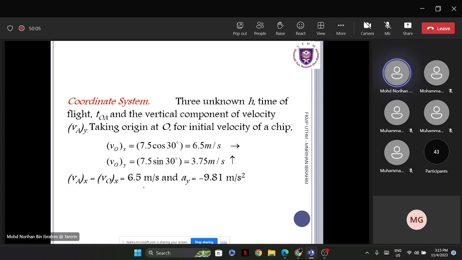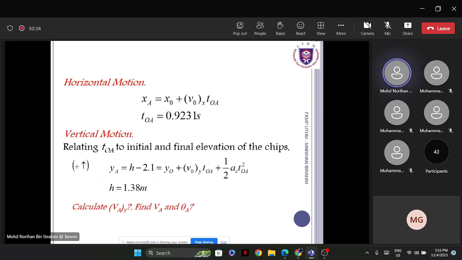So the horizontal velocity for the initial and the final positions is equal, each has the same component of velocity in the x direction. And we know that AY is equal to 9.81 meters per second squared. So it will proceed to the next step.